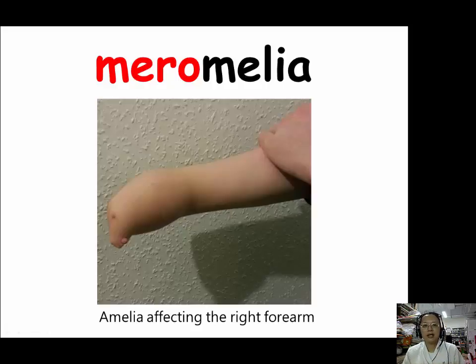Remember, we learned the suffix for limbs. So amelia means without limb, and amelia is also one of the types of meromelia. And this baby's amelia is affecting the right forearm, so he doesn't have any fingers.